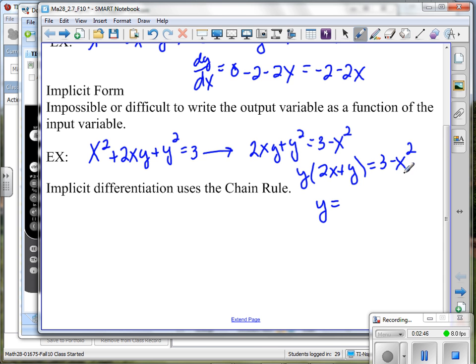So this is the type of problem where we want to find the derivative, but it's just impossible to use what we've been using because I can't write it as y equals. Impossible to do that. So this brings up implicit differentiation.